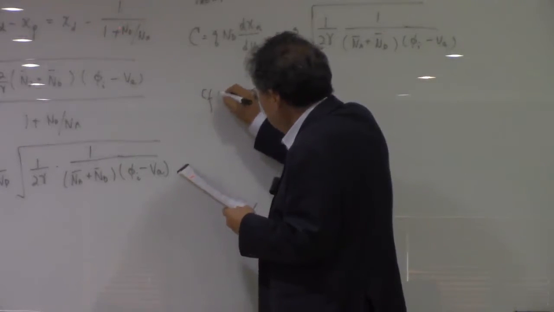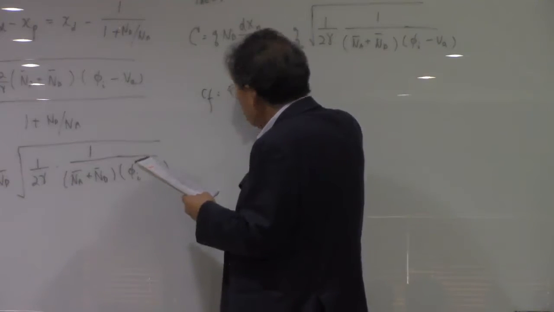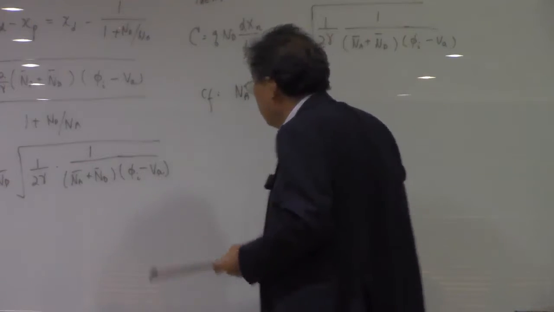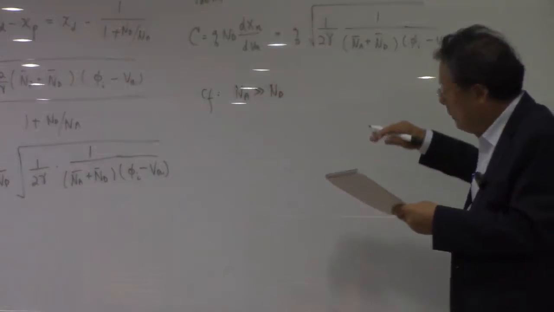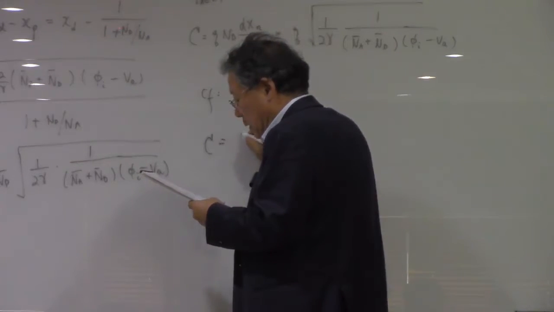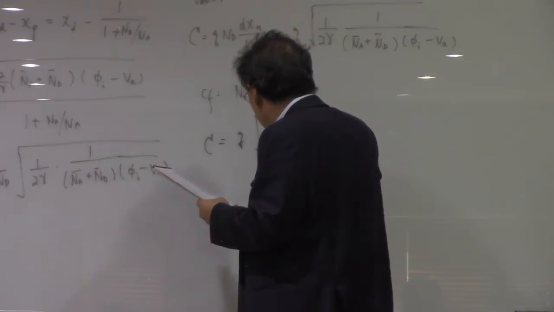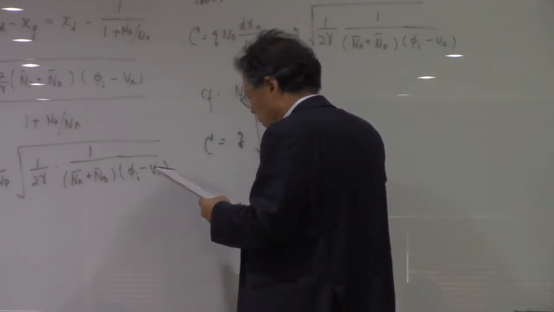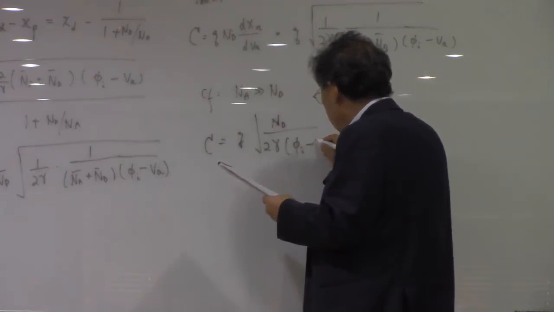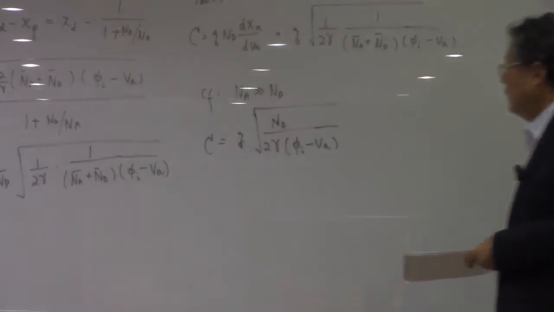Now let's see, this looks complicated, but as in most cases, let's say one of the doping levels is greater than the other, so that we can simplify this like Q Nd over 2 gamma phi I minus VA, something like this.